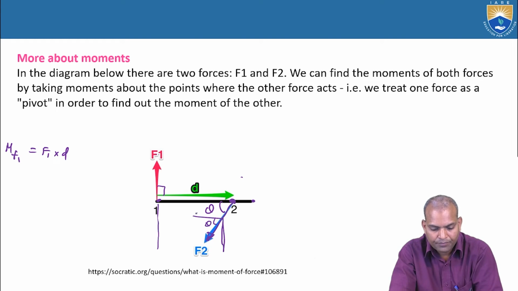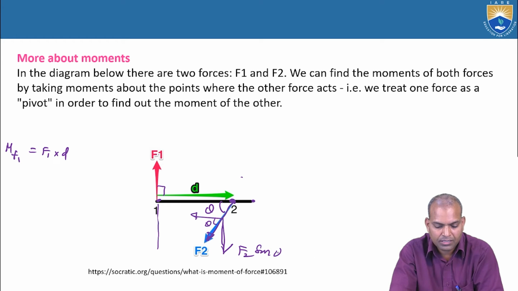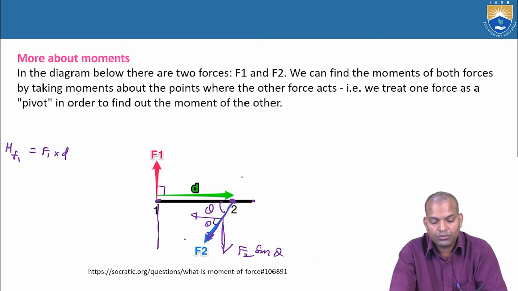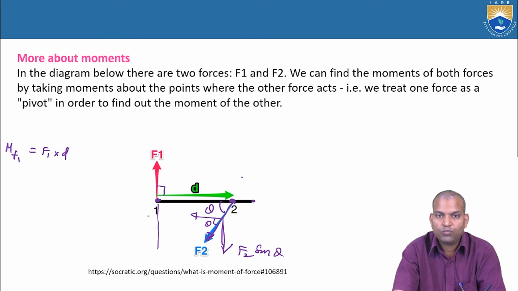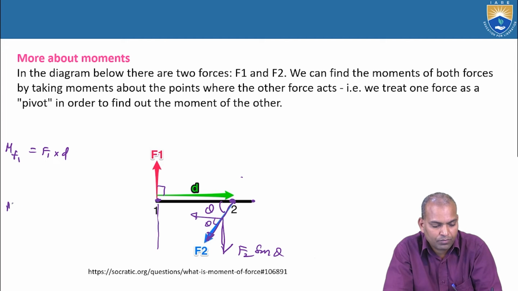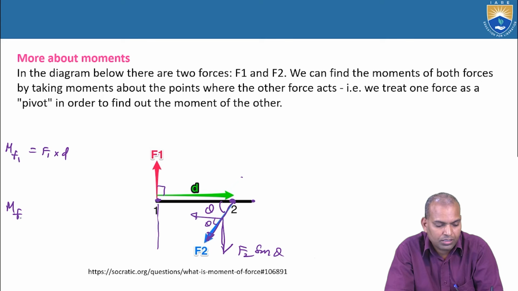Here it is theta, then the vertical component becomes F2 sin theta. So if we consider the moment of force F2 towards point 1, then point 1 becomes the pivot for the couple of the F2 force. What is the moment caused by F2?